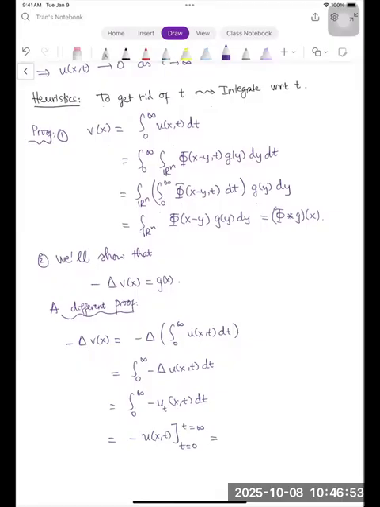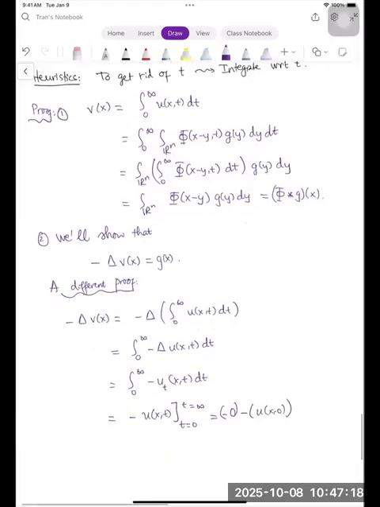So this equals minus 0 minus u of x,0, with the sign giving plus u of x,0. And we know that u of x,0 is exactly g of x. So this equals g of x. That gives us exactly another proof of the solution to the Poisson equation.